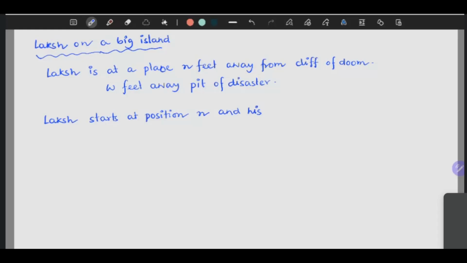He can just take one step right or one step left in his random walk, and the walk stops when he reaches 0 or W. Basically n is less than or equal to W, right?